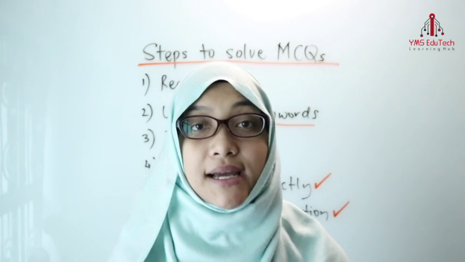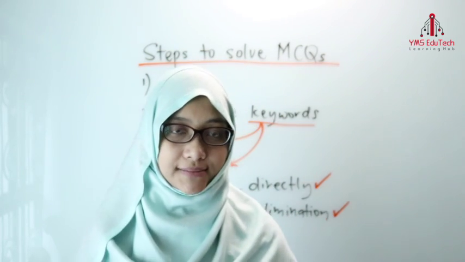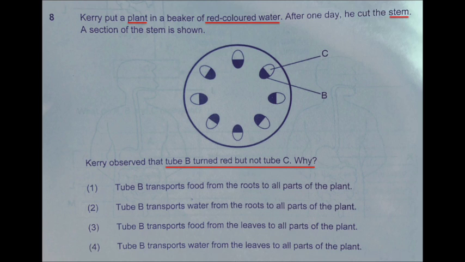So now let's underline the keywords from the question. The keywords are plant, red-colored water, stem, tube B turned red, not tube C. Why?